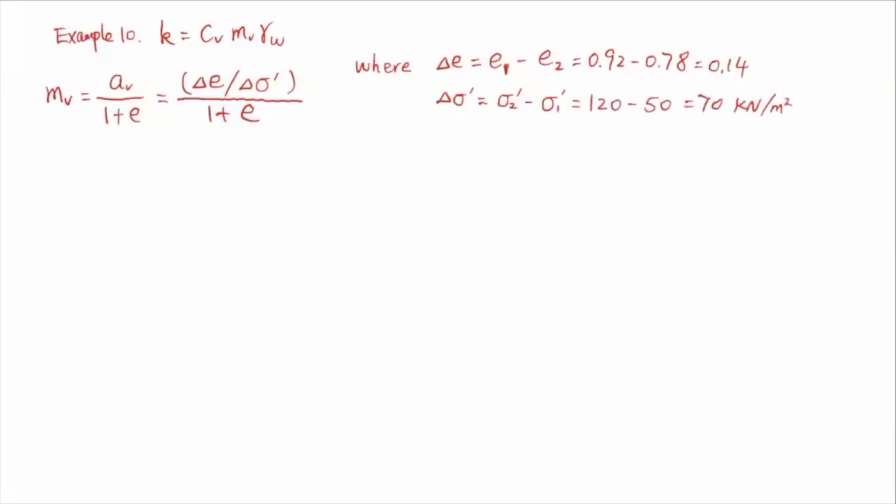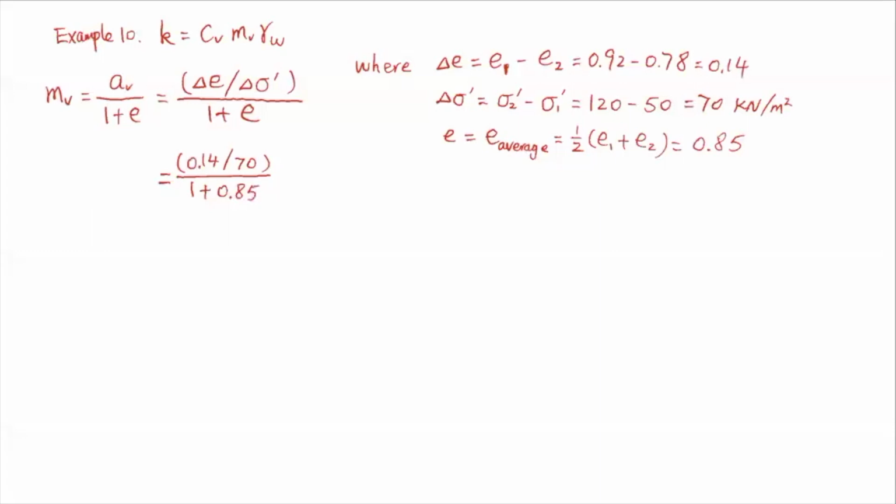And then for that e, again, we're going to use the averaged void ratio, so 1 over 2 times e1 plus e2, 0.85. Substituting these values into the m sub v equation, we have 0.14 over 70 over 1 plus 0.85, that's e average.